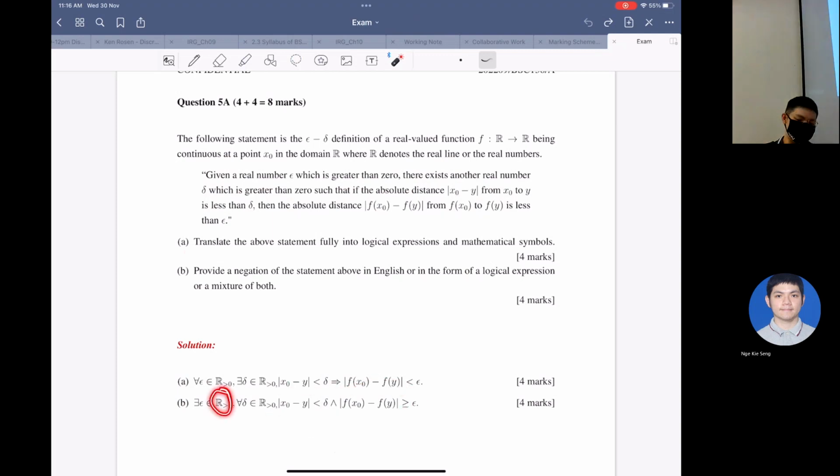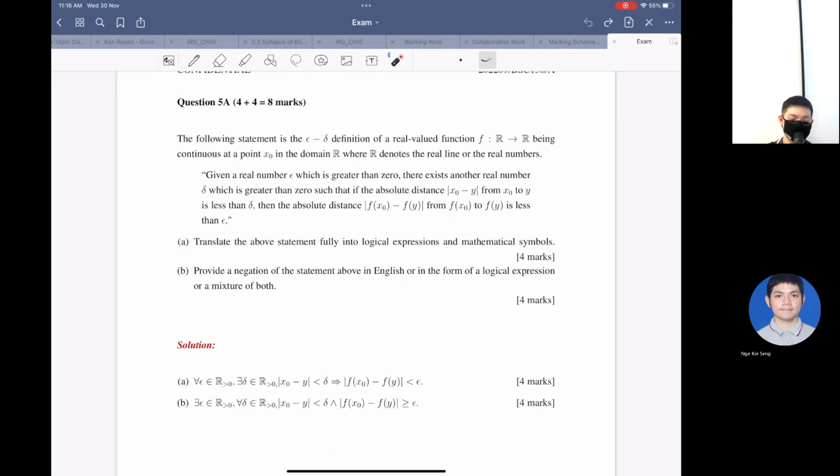Some of you even changed this, or you said that they must not exist. So this one is testing De Morgan's law for quantifiers. If you can write out A, then B should be obvious.